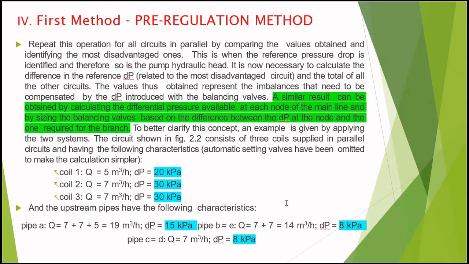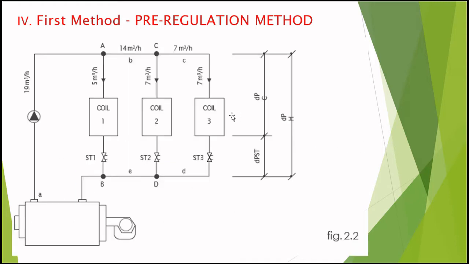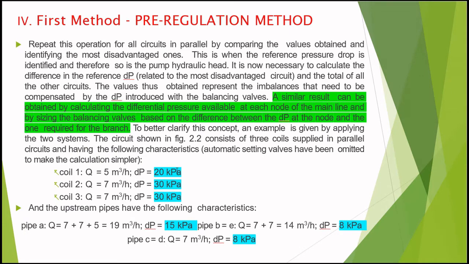And the last pipe in this circuit is the coil 3 pipe C, which is considered from the node to the first resistance, which is equal to D, from the node to the first resistance here. The flow is equal. Flow is 7, and the dP is 8 kPa.